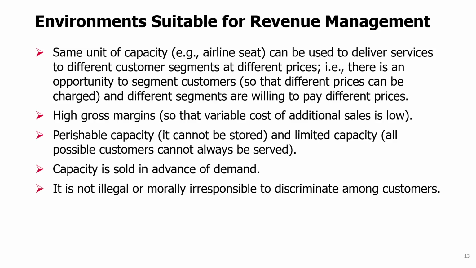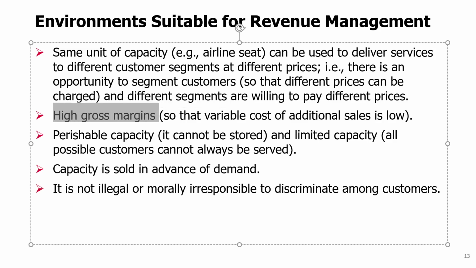The second requirement is a high gross margin. This is the case when you have very low variable cost, and so the cost of an additional sale is very low once you have paid the fixed cost. For example, imagine you invest $10 million in something, and now this is already a sunk cost or a fixed cost that has to be paid regardless of whether you use the capacity or not. And now, the variable cost for every additional sale is $5 or $10 or even $1.